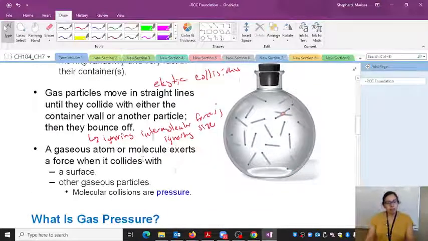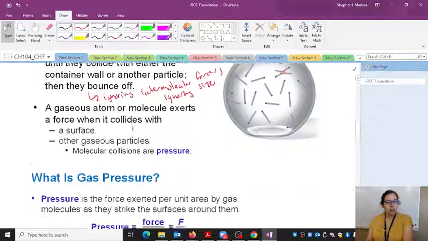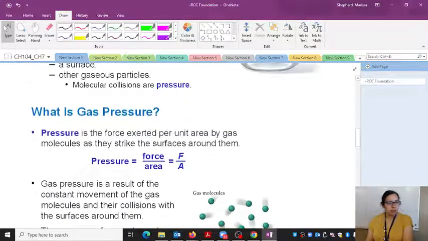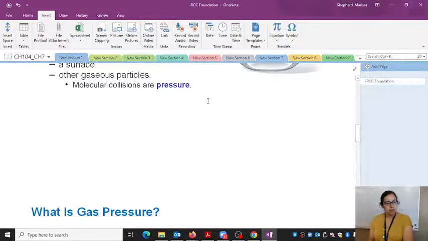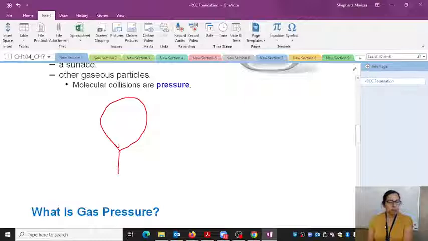And then we get this idea of pressure: every time an atom collides with a surface, that is called pressure. You can think about this with a balloon. You inflate your balloon, so you have to put a bunch of air inside.